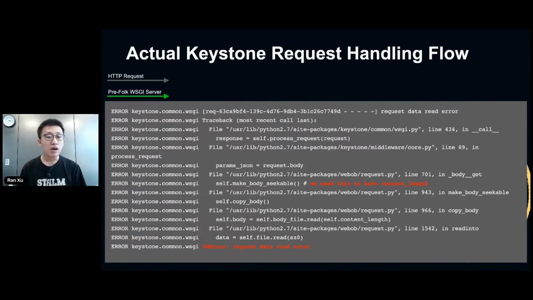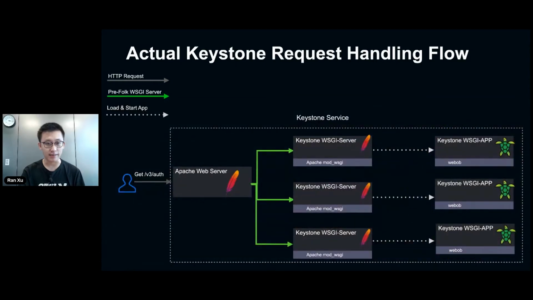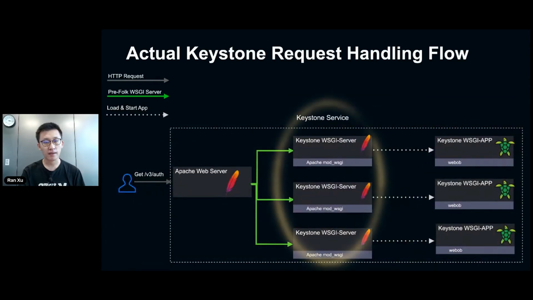So in that case, one global level exception is raised in the WSGI application side. And because this exception isn't handled well in the Keystone WSGI application side, it causes the whole WSGI application to go down. The corresponding exception is also shown on the WSGI server side.